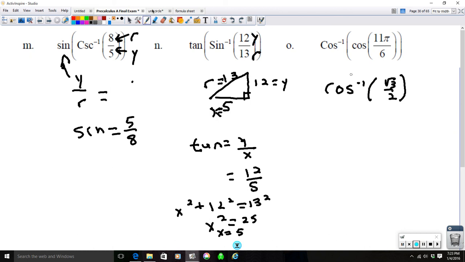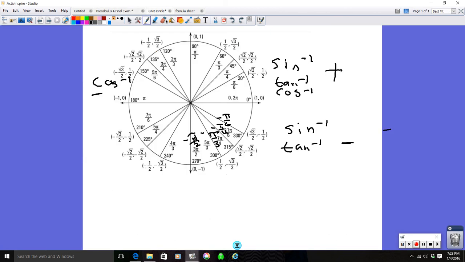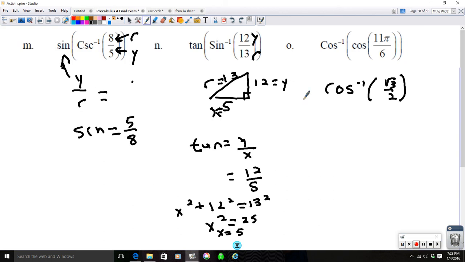And again, you're going to go to the unit circle, and you're going to quadrant 1 because cosine inverse is positive root 3 over 2. So this is right here at positive pi over 6. So we ended up switching quadrants. So this is positive pi over 6 because cosine inverse was positive.